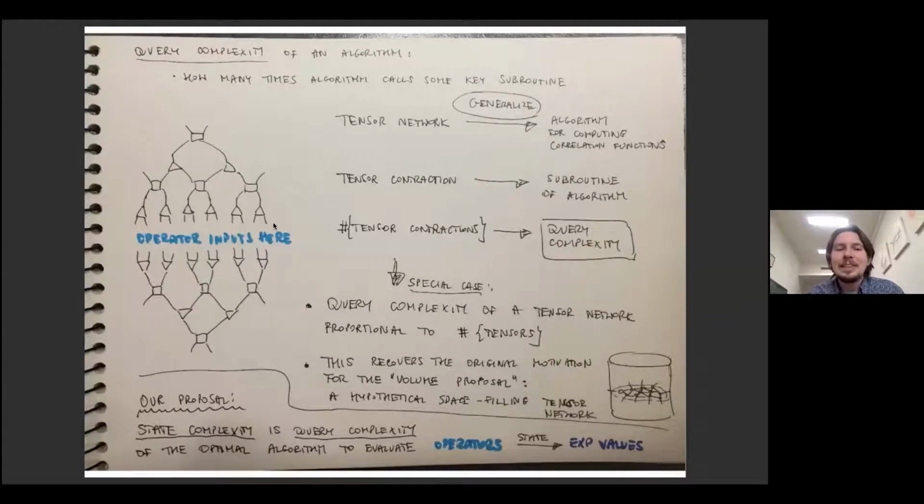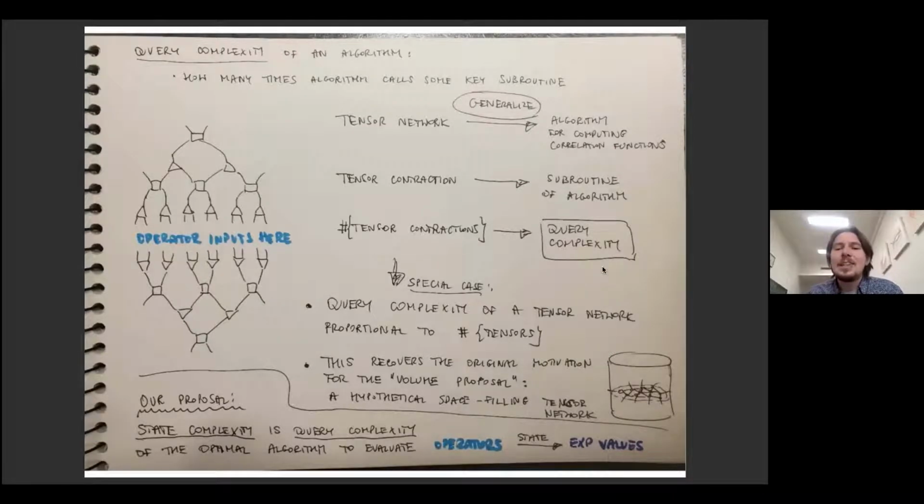Basically what they're saying is that a single unit of complexity is a tensor contraction. And I want to say, in this more general algorithmic language, that would be like saying that a basic unit of complexity should be a single call to some particular subroutine, which is a bottleneck for this algorithm. But counting such calls to a special subroutine is exactly what query complexity is.